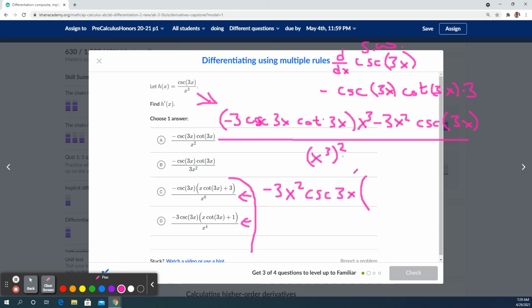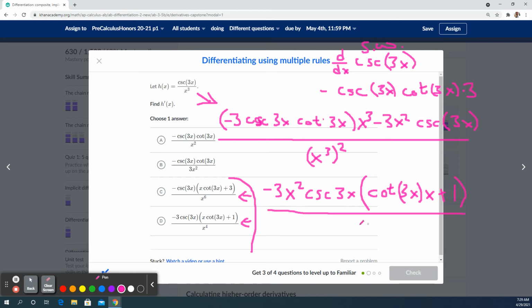That leaves a cotangent 3x, and there's still one of these x's left there. So I'll put it right there. It should be out in front to be less confusing, but that's fine. I pulled out the negative, so that means this is now a plus. And the 3x squared got pulled out. The cosecant 3x got pulled out. That leaves just 1. Everything got pulled out.